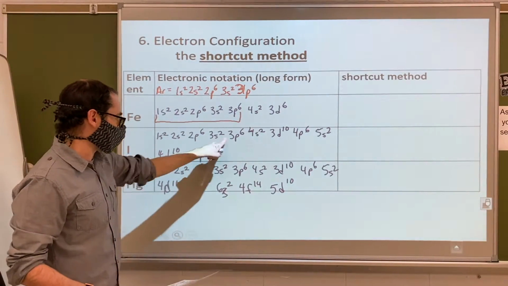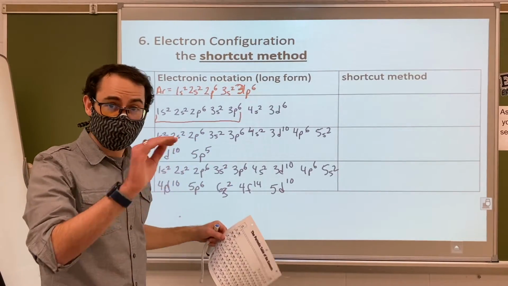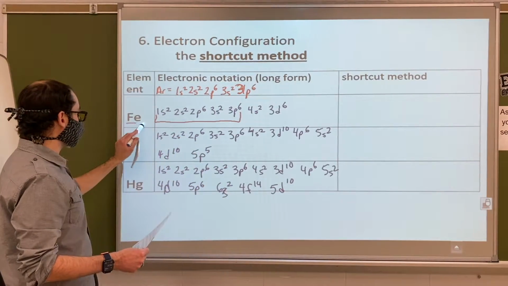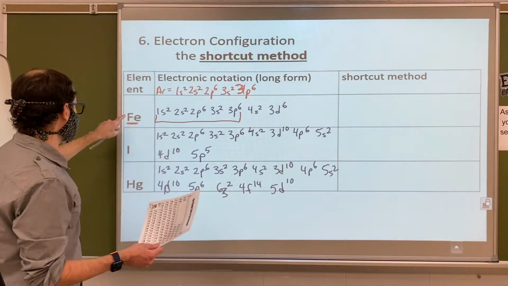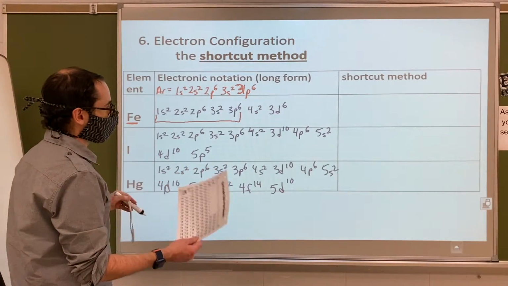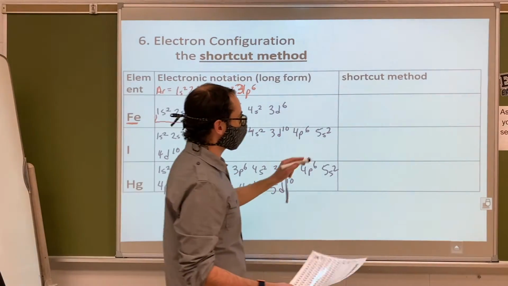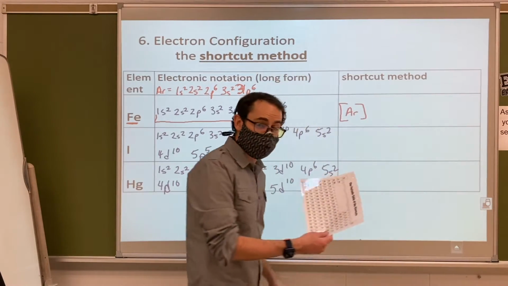And actually, it's exactly the same for all of these, right? But what you want to do, and what the rule is, you look for whatever noble gas comes before the element you're working on. So if it's iron, you would go to the one before it, which is argon. And then what you can do for the shortcut is you can say, start at argon. That's what the brackets mean.